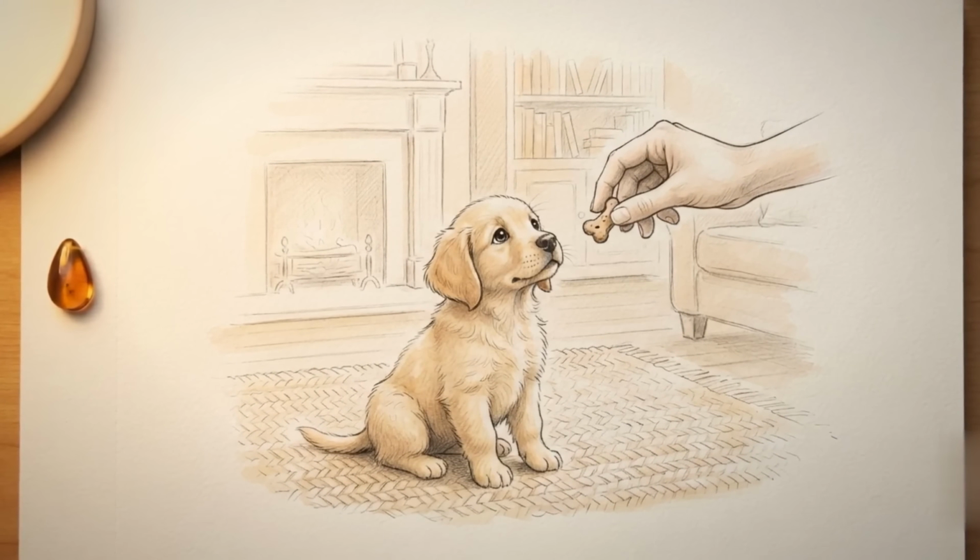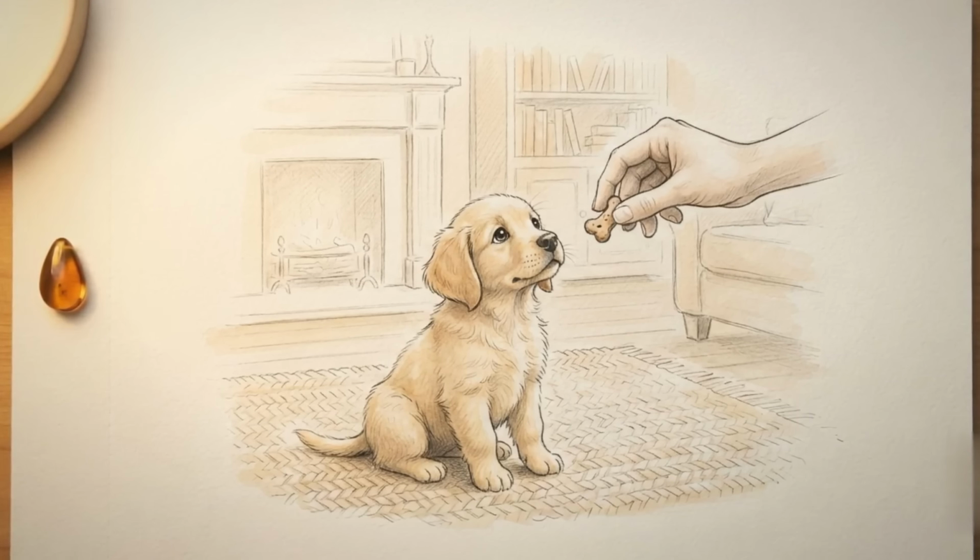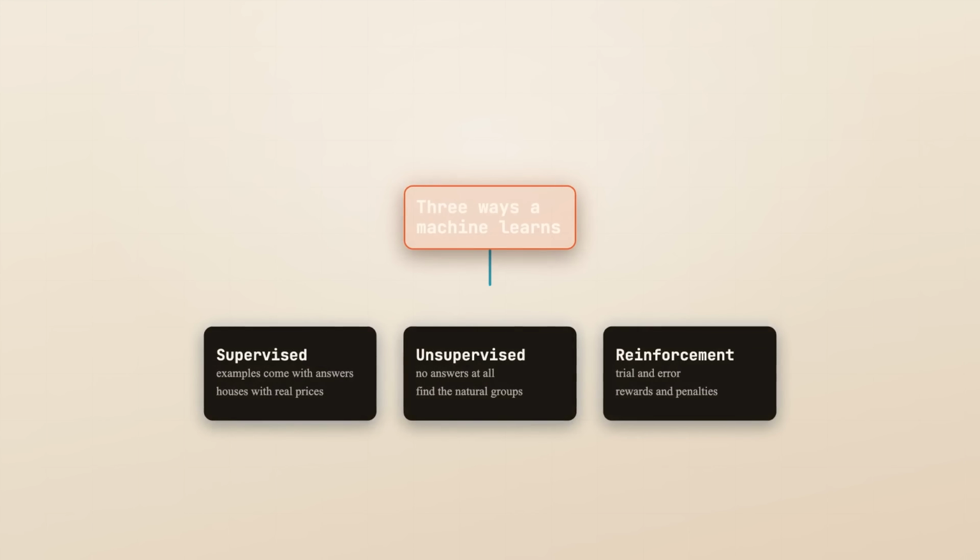That's unsupervised learning. And sometimes a machine learns by trial and error, taking actions, getting rewards or penalties, the way you'd train a puppy or teach an AI to play a game. That's reinforcement learning. Answer key, no answer key, or trial and error. Three ways to learn, one big idea underneath.